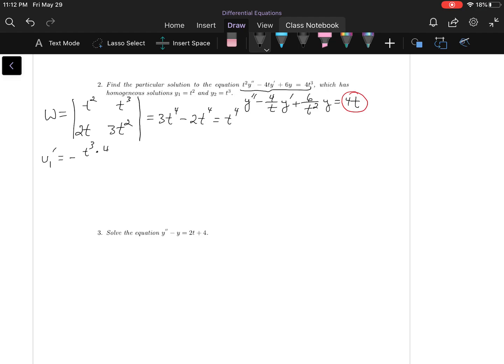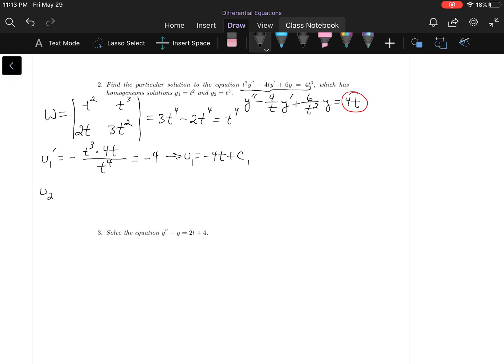So that's going to be 4t, all divided by t to the 4th, or Wronskian. So the t to the 4th powers disappear, and we've got negative 4, which means that u1 is going to be negative 4t plus c1.